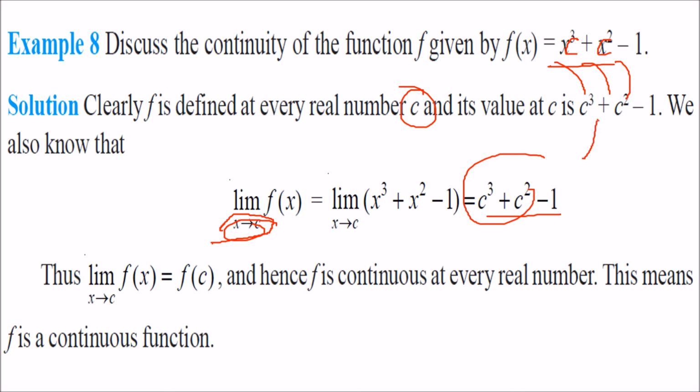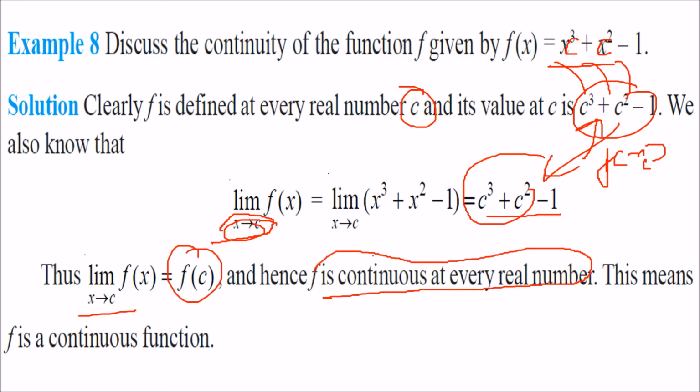If you apply c directly to f(x), you get this. These two are exactly equal. So the limit as x tends to c of f(x) is f(c). So f is continuous at every real number, so f is a continuous function. In fact, every polynomial is a continuous function.